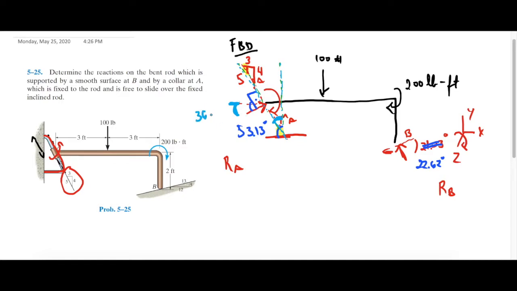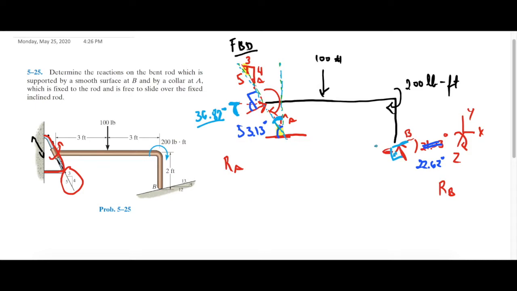So 90 minus 53.13, that's how you should think about it, right? And you should be able to prove it to yourself with other geometry tricks. This is a little bit easier if you have a perpendicular type of situation like this one. That force is going to move as the other geometry also moves. So that's how I do it quicker. Anyway, so we figure that out, very important. Now we need to figure this guy out as well, because this is perpendicular to it, right?